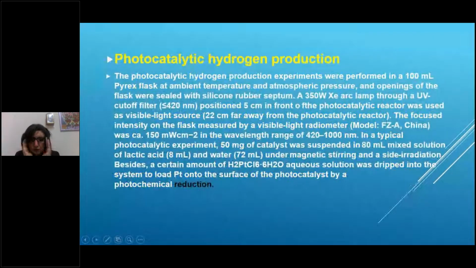For photocatalytic hydrogen production, the prepared photocatalyst was added to a Pyrex flask, and the hydrogen production was measured under visible light.